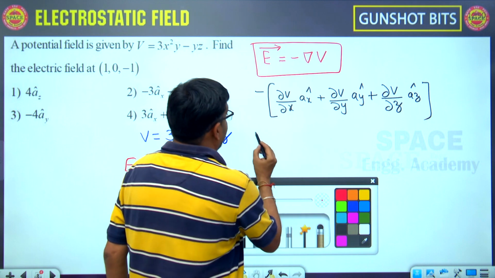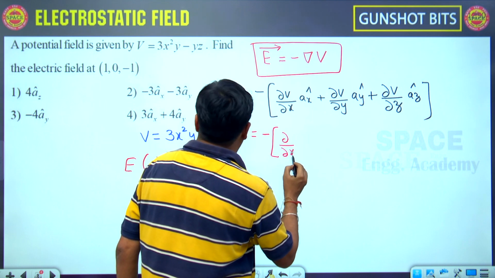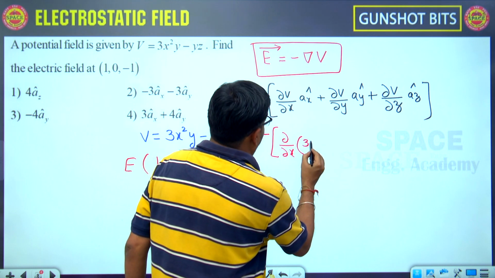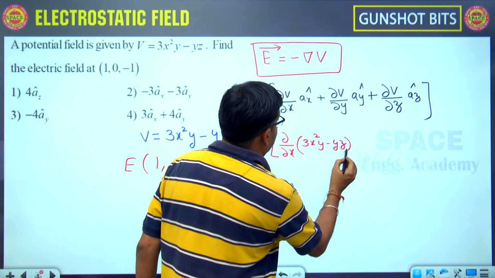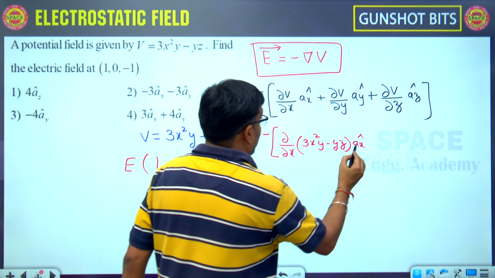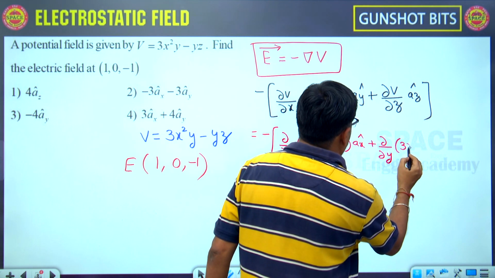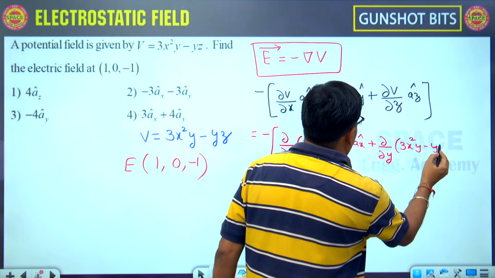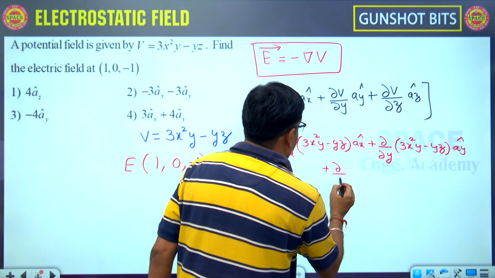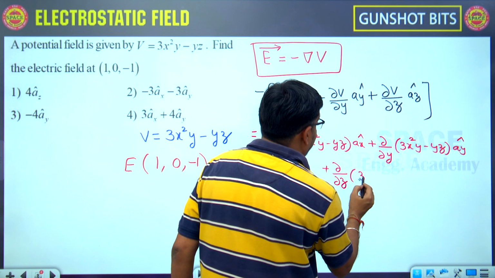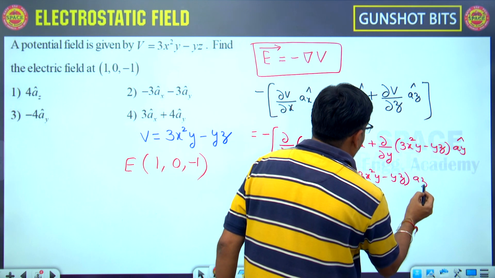Then that equals minus [dou by dou x of (3x square y minus yz) Ax cap plus dou by dou y of (3x square y minus yz) Ay cap plus dou by dou z of (3x square y minus yz) Az cap]. Here I substituted the V value everywhere.